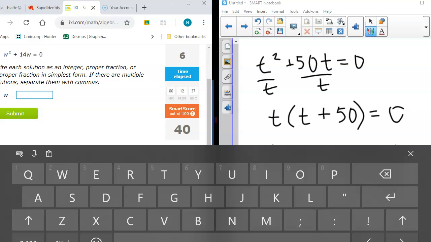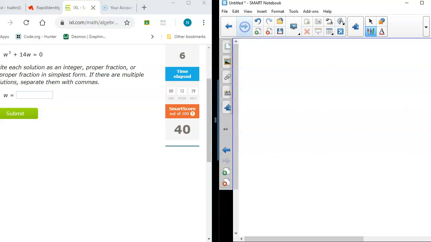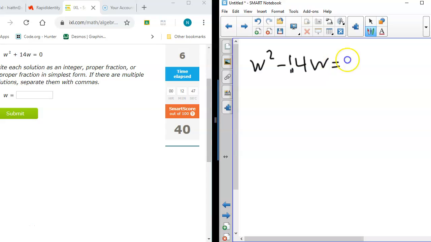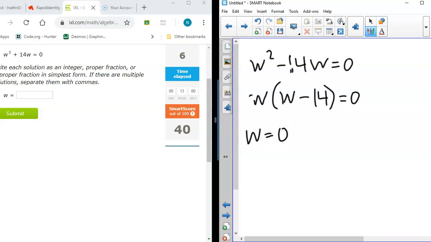Okay, here we're getting another one of these same ones. We don't have a last term, so w squared plus 14w equals 0. We can just factor out a w out of that. So we'll have w minus 14 whenever we do that. And so we'll get w equals 0. It's perfectly okay here with me.